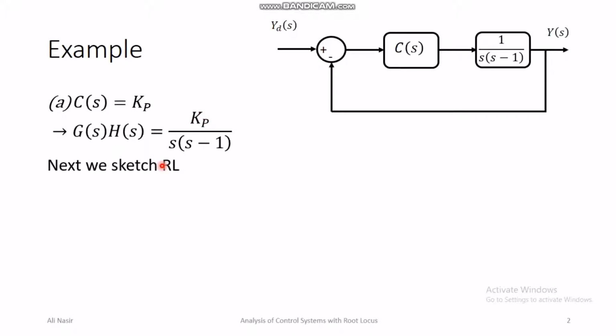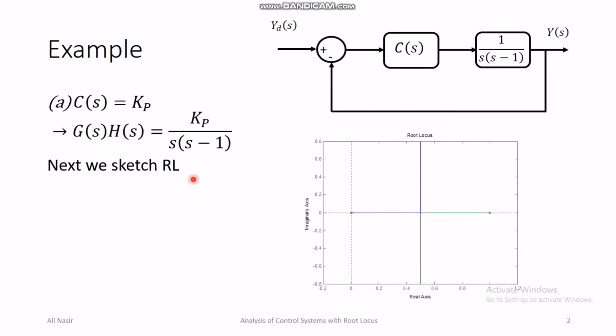So we can sketch the root locus by calculating everything using the 10 rules of root locus. Once we do that and sketch the root locus, we get something like this. The pole at plus 1 goes towards the origin, and the pole at the origin goes towards the right side, and these poles meet in the middle at 0.5, and then they break away.